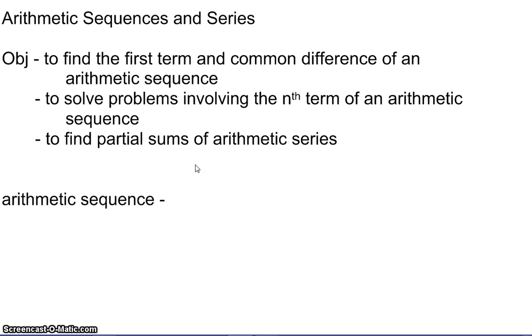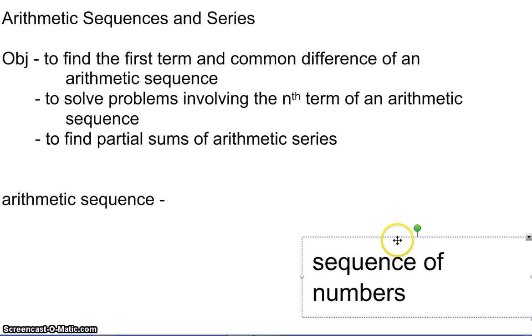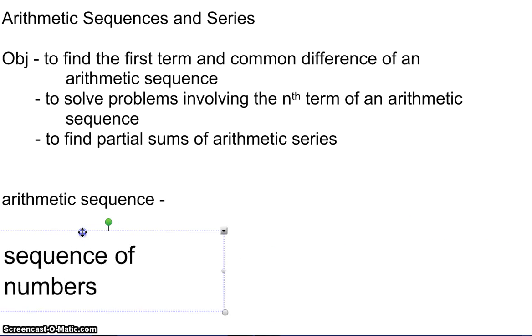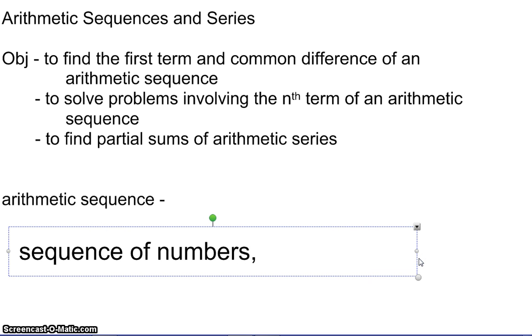Before we begin, though, we need to know what exactly an arithmetic sequence is. An arithmetic sequence is a sequence of numbers where the difference between consecutive terms is the exact same.